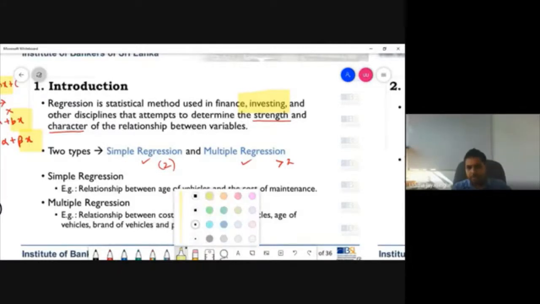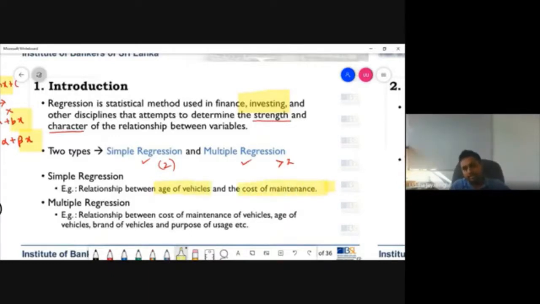You can think, okay, if the age of the vehicle is somewhat higher, we will have to bear a higher cost of maintenance. Isn't that so? Can you find a vehicle which was built in 1980, 1983, 1985, and run without any maintenance? It's not going to be the case.